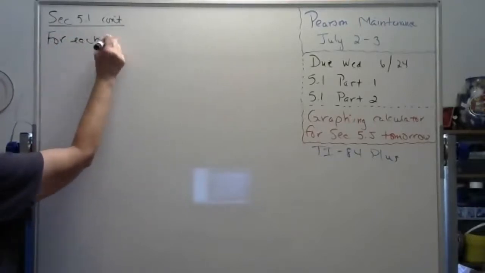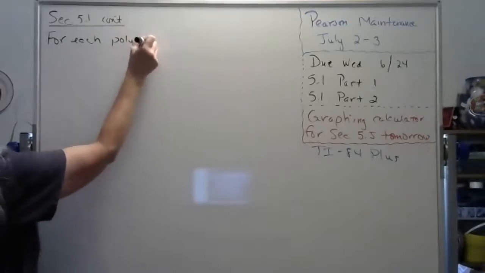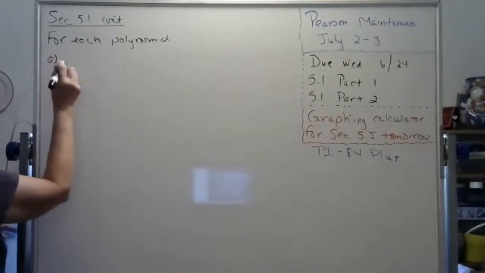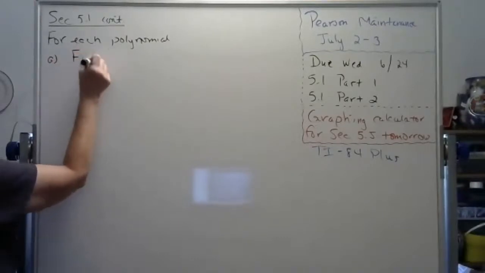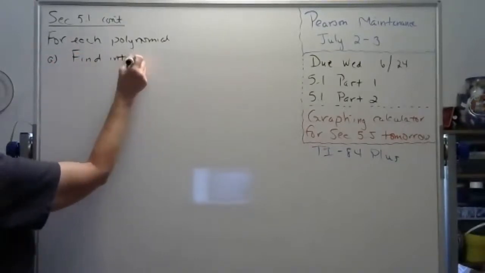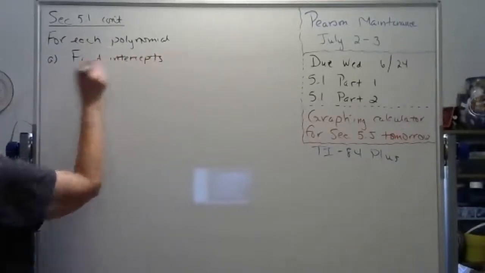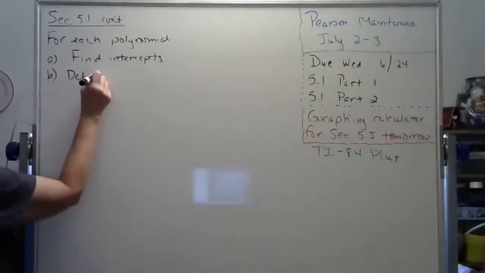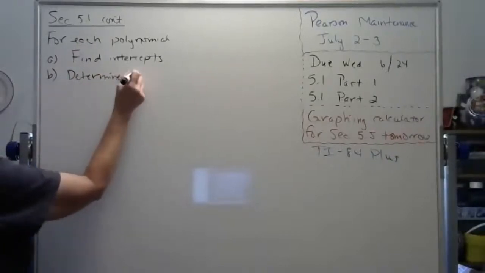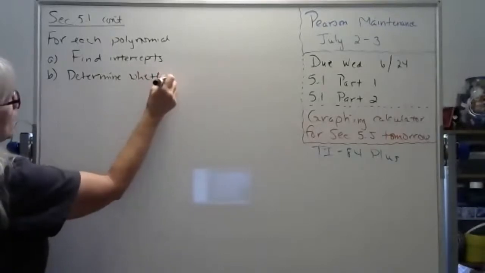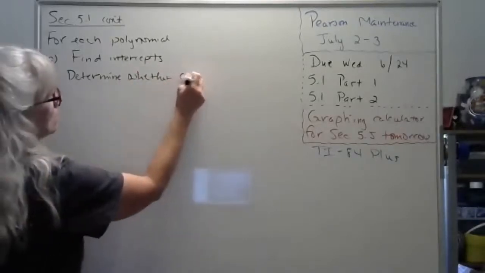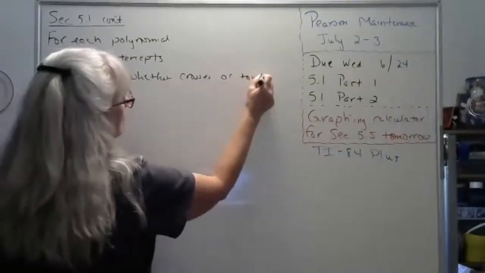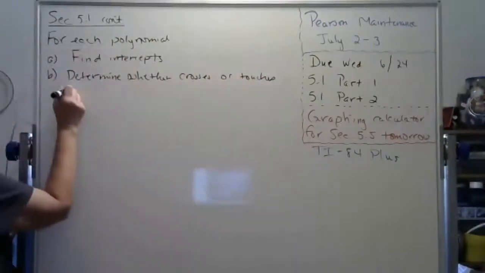So for each polynomial, we're going to do all of these steps. We want to find the intercepts. We want to determine whether the graph crosses or touches at each x-intercept.